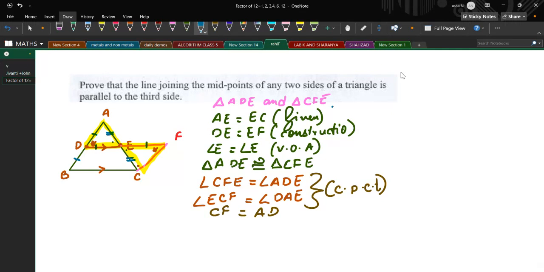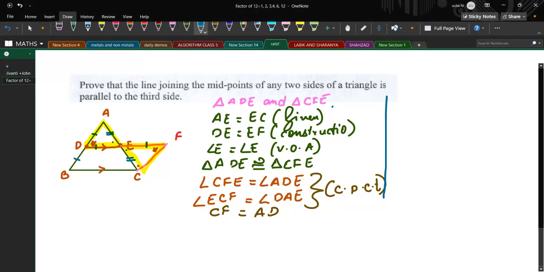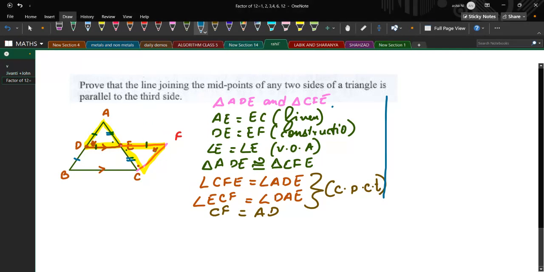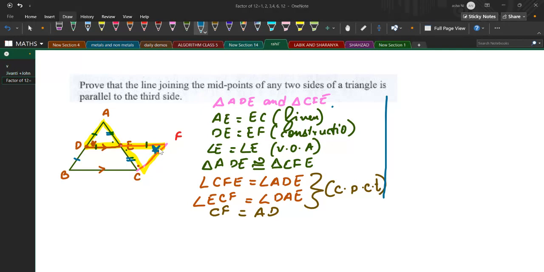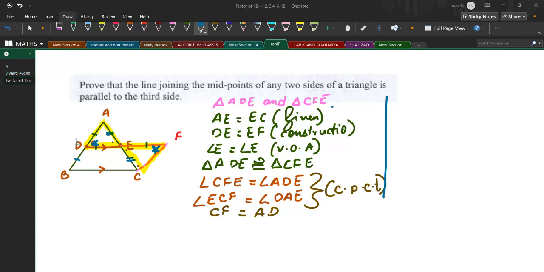Okay. Now after this, we have another piece of information. It is a big theorem. We have another piece of information, that angle CFE, this one I will mark once again, and angle ADE are alternate interior angles. If you look properly, there is a transversal there.